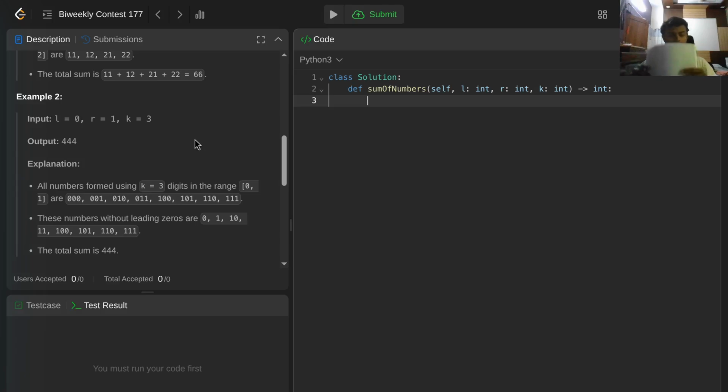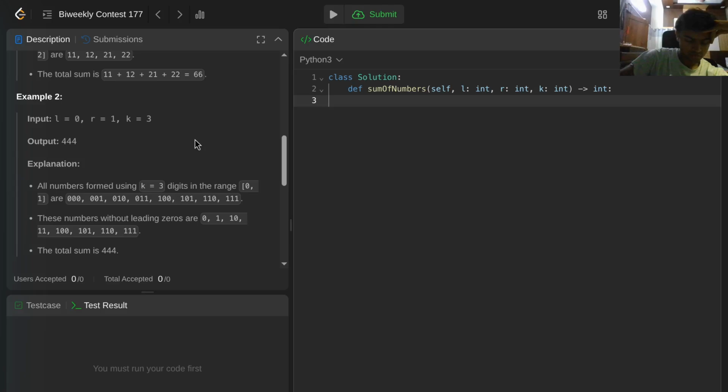So let's say I have 0 and 1 and then 3 digits.